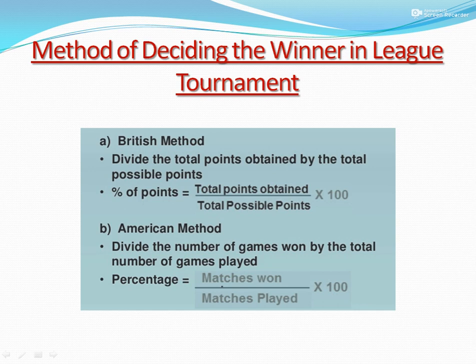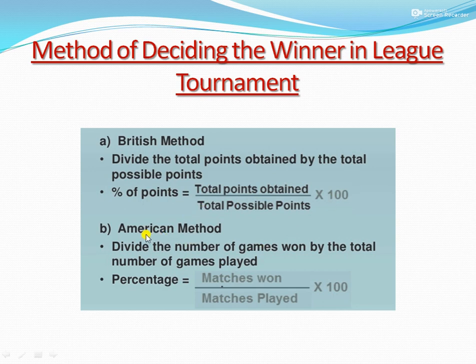Then it will be 12 points obtained. The total possible points means, if we won all 10 matches, it would be 20 points, right? So here 12 into 100 divided by the total possible points, 20, in the case of 10 matches, right?